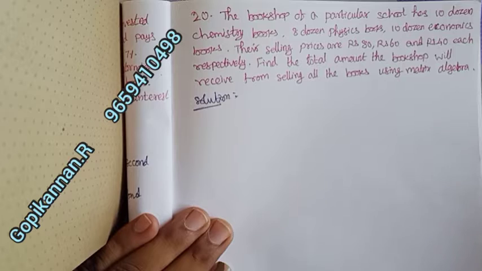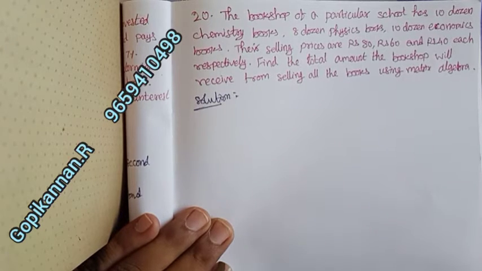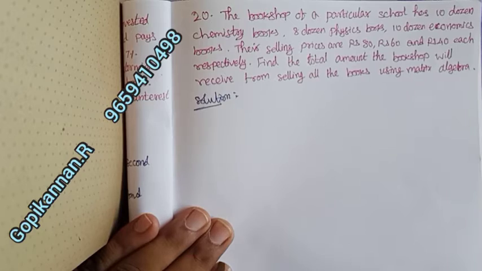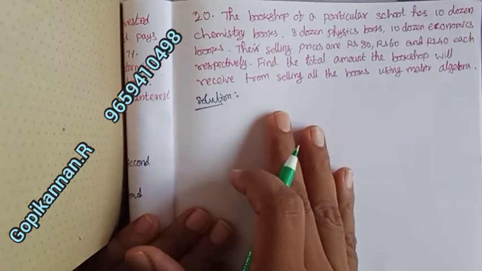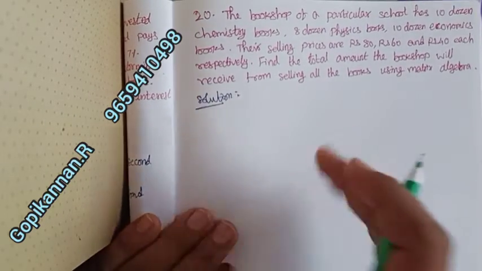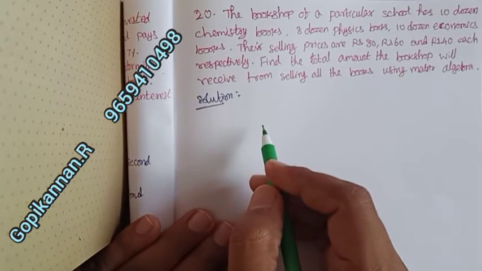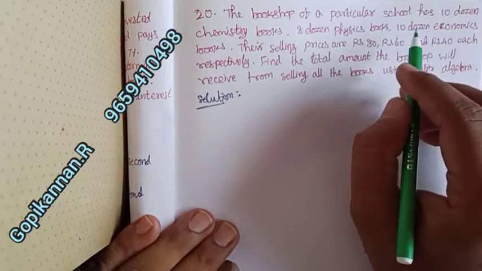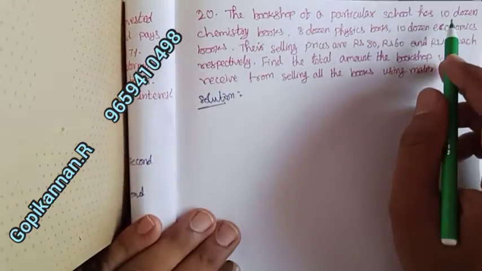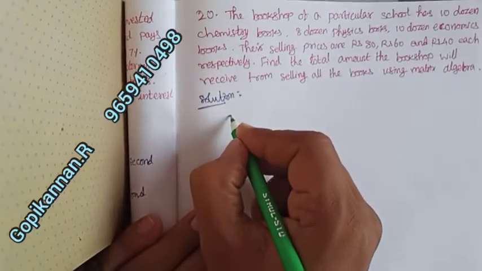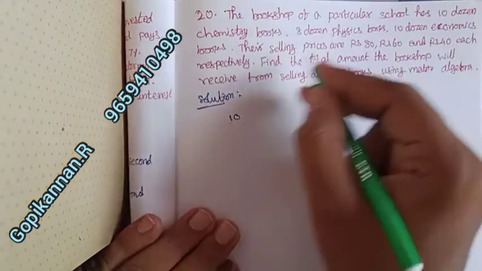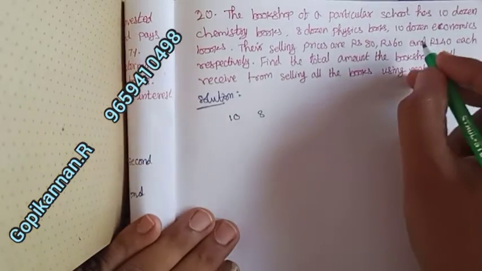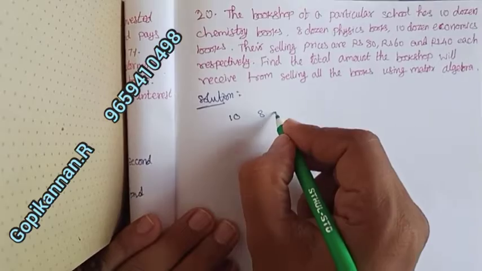Now find the total amount of money that will be received from the sale of all these books, which can be represented in matrix form. First, we have arranged the number of books. The chemistry books are 10 dozen, the physics books 8 dozen, and the economics books 10 dozen.